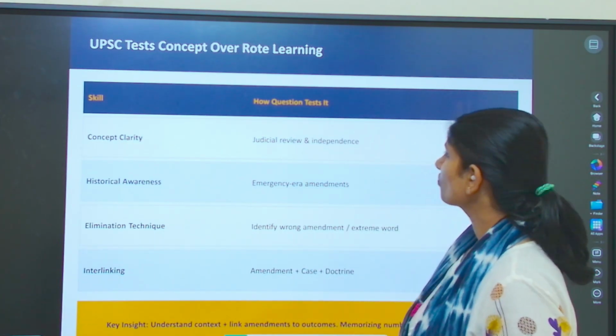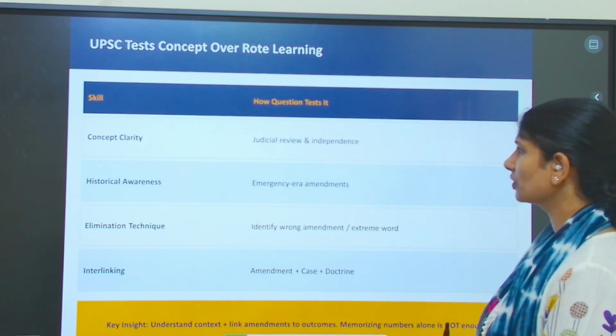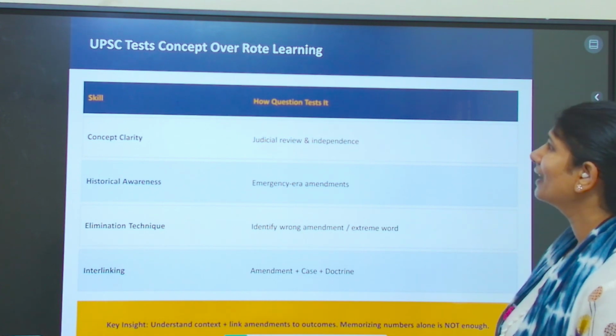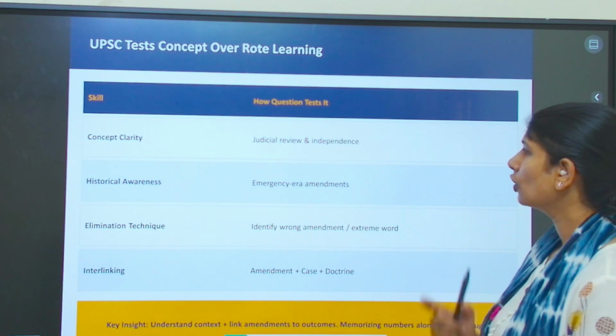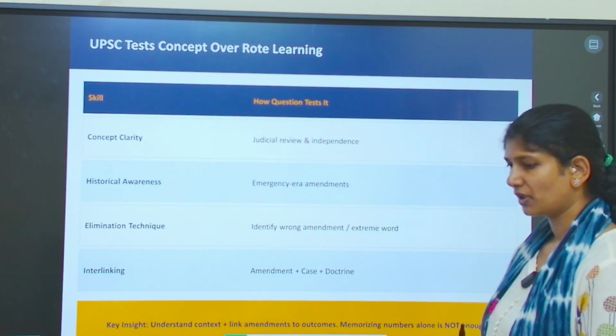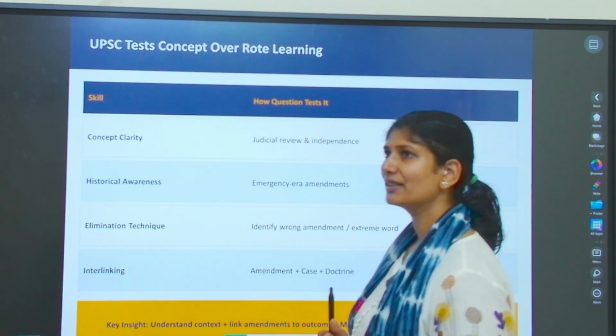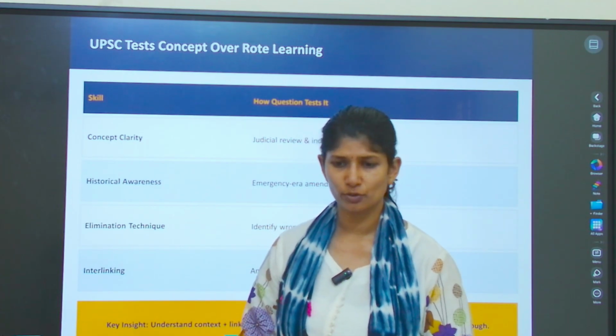Okay. Now, what exactly is UPSC trying to do with this? It tests concepts over rote learning, which means if you just by-heart the amendments, it is not going to get you much ahead.